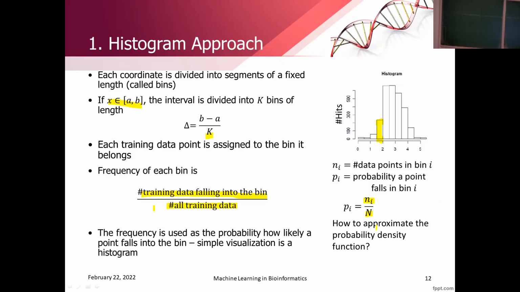Can we use Ni divided by capital N? No. Why not? If we use this value, Ni divided by N, what will be the area under the curve?